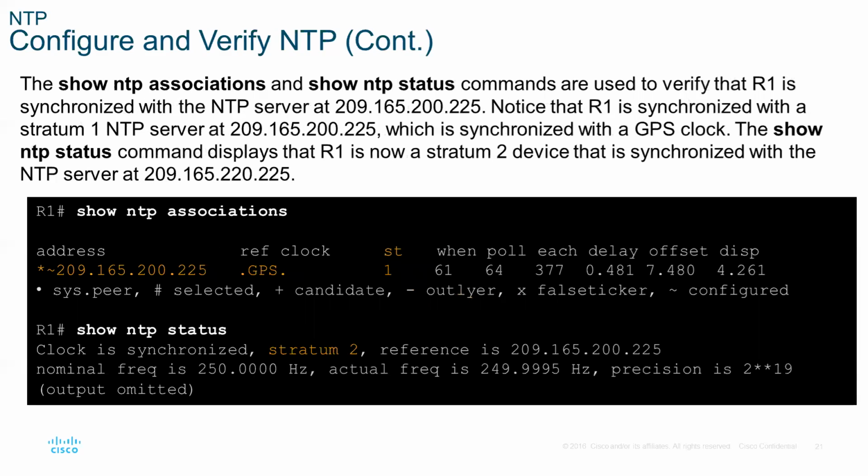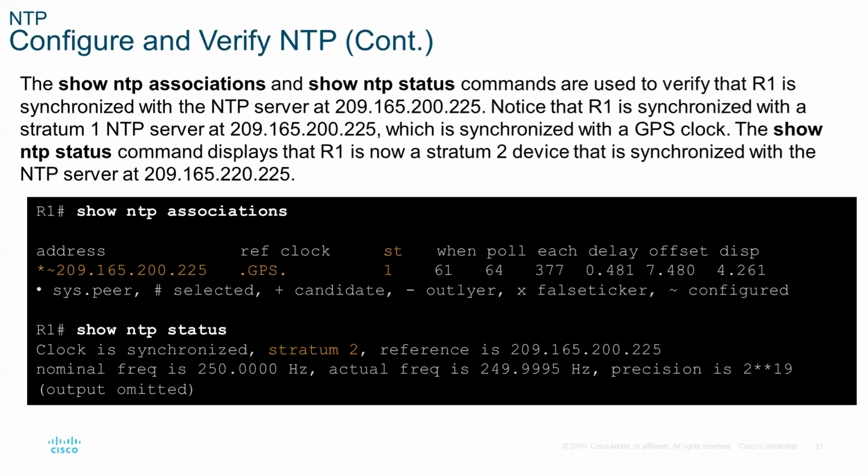Now, to verify what's going on, you can use the show ntp associations command, and this will list all the devices that it is associated with. It'll tell you its address and what its source clock is. So it's syncing with a GPS clock.